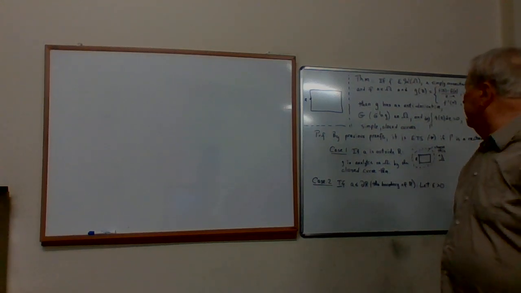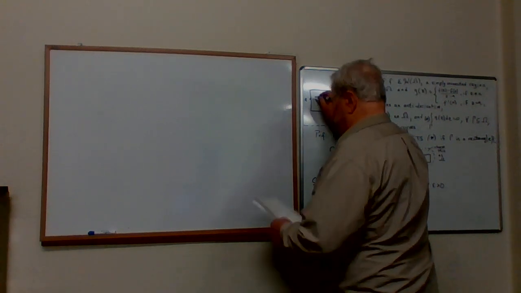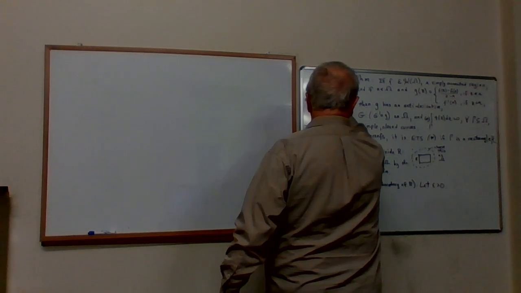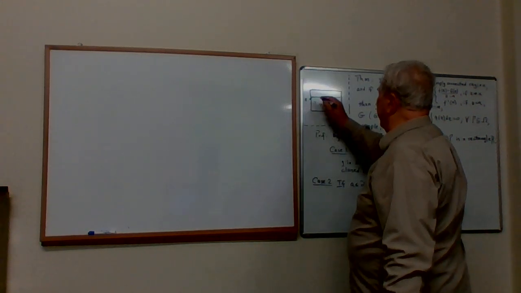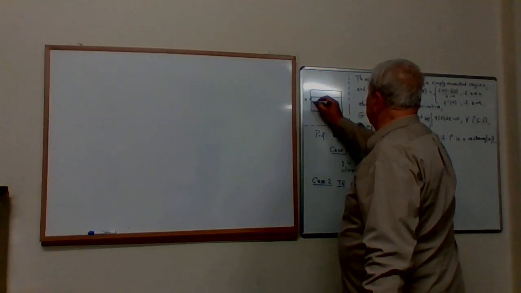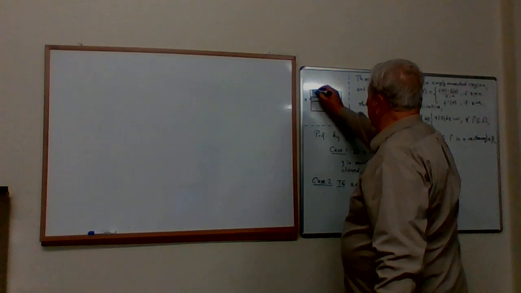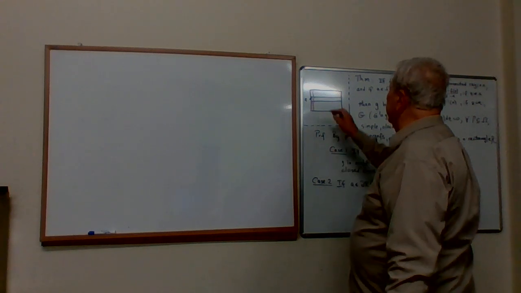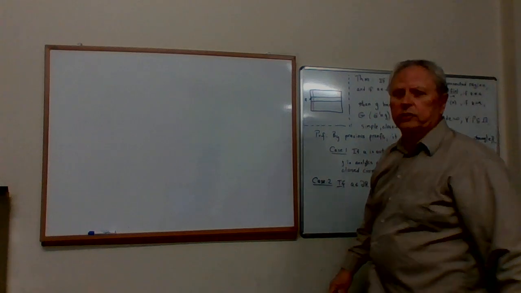Okay. Now what I'm going to do is divide this thing up. I'm going to put one segment just above A, one segment just below A, and one segment just to the right of A. So now I've divided my original rectangle into 1, 2, 3, 4, 5, 6 rectangles.